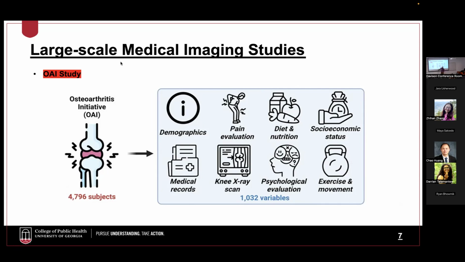All these patients need to go to the clinics. Some of them even need to have replacement of their knee areas. So this is a big problem for people when they're getting older.